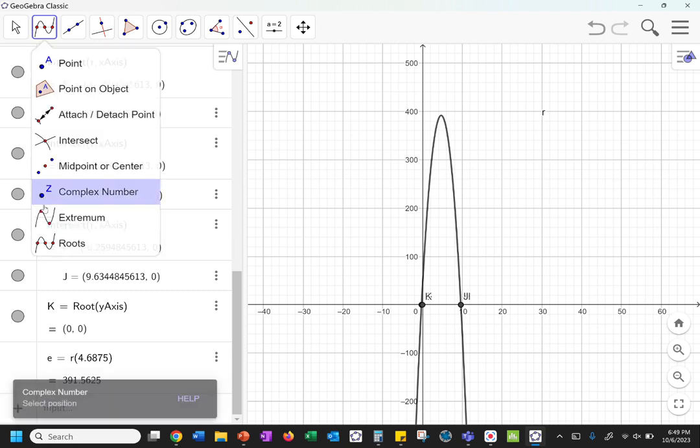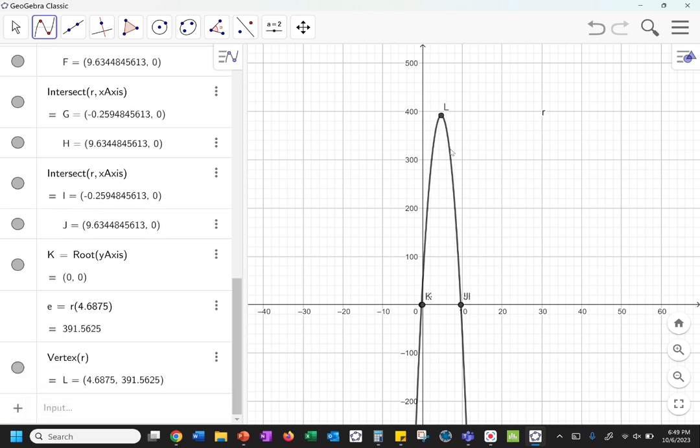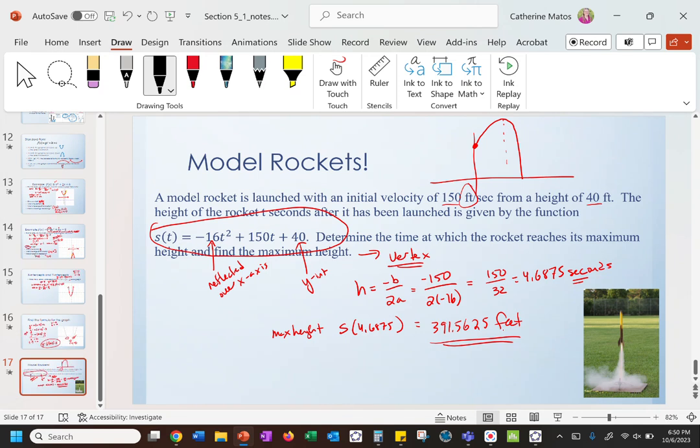Of course, we can verify that by using the extremum with GeoGebra, and it's going to tell us there's our time, and there's our height: 391.5625, and that is in feet. So there we go. That's all that there is to this. It's not too bad. And that is it for this chapter. See you in class.